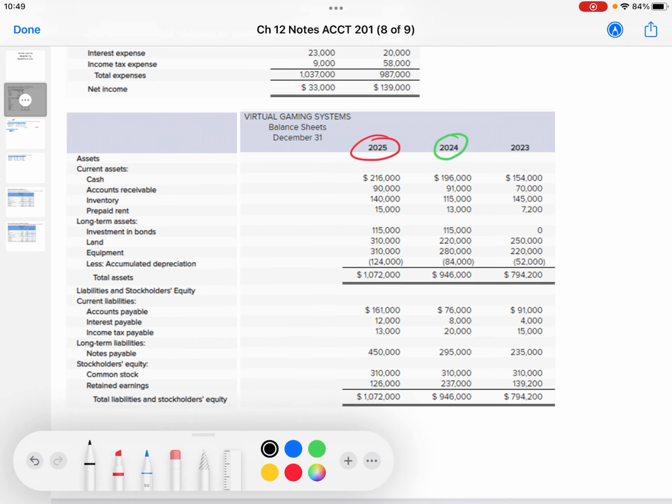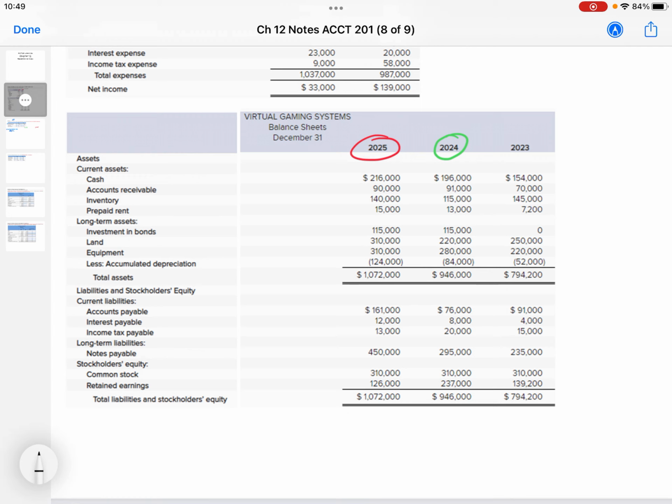So when I'm looking to do 2025, I want to know the average. I look, the end of the year balance was 90,000. The beginning of the year balance is 91. Now wait a minute. I just said beginning of the year balance for 2025 is 91,000. And that's correct, because this is the ending of 2024.